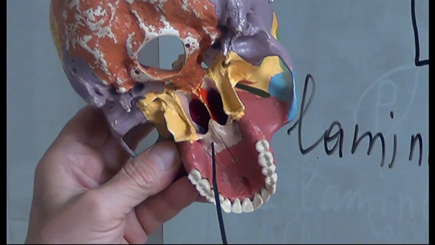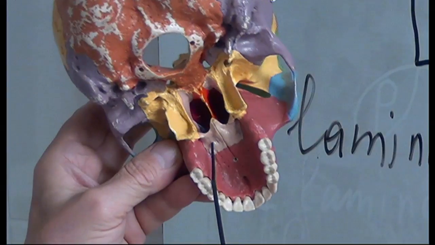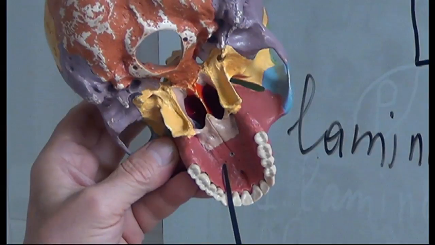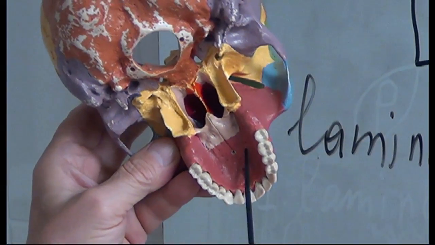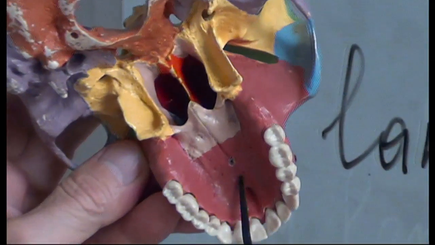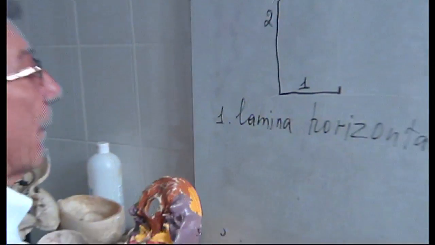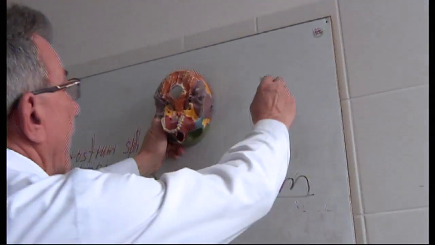Exactly, palate bone, this light brown color, and maxillar bone, this red color. I try to demonstrate this principle by the scheme.